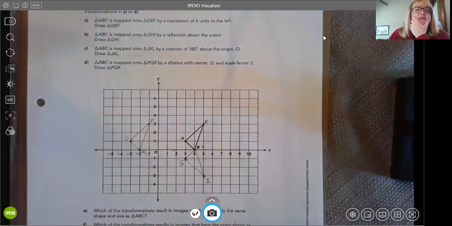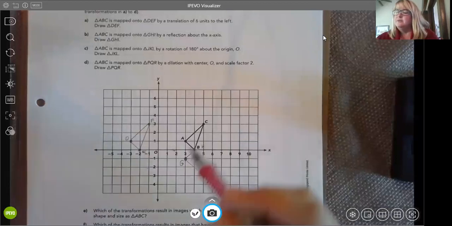C says triangle ABC is mapped onto triangle PQR. So instead of A, we'll call it P. B is now going to be called Q, and then C will be called R. With the center O, it is mapped by a rotation of 180 degrees about the origin O. Draw JKL.